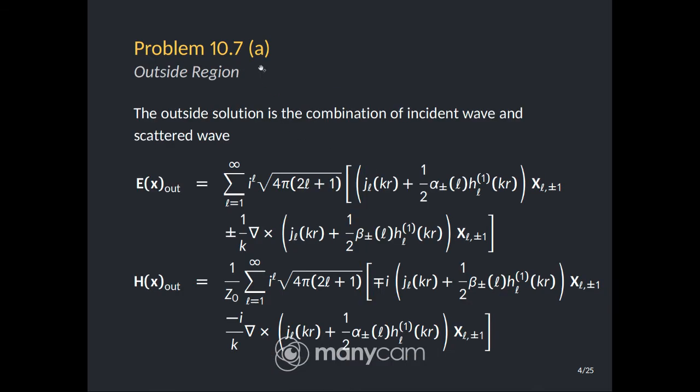In the outside region, the solution is the combination of the incident wave and the scattered wave, so the electric field outside is a combination of the incident wave j_l plus the scattered wave spherical Hankel function, and so does the magnetic field.